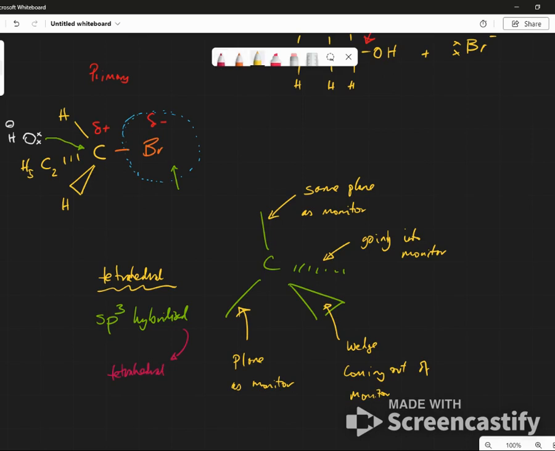And just as importantly, if it's in a tetrahedral shape, it must be sp3 hybridized, okay? So everything I'm looking at on the board here is sp3 hybridized. They're all in this tetrahedral shape, okay?